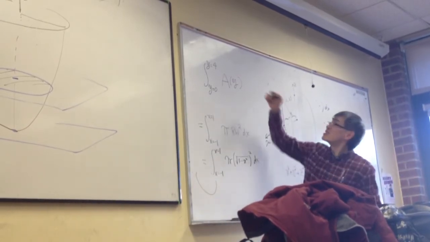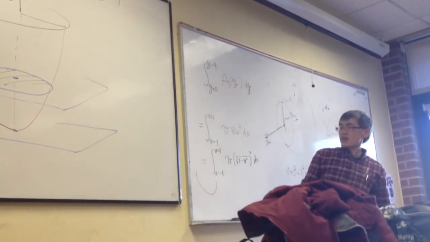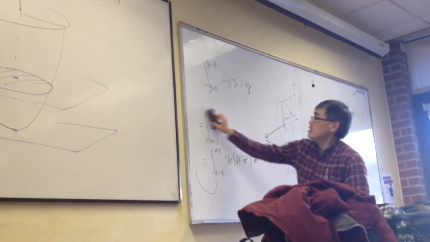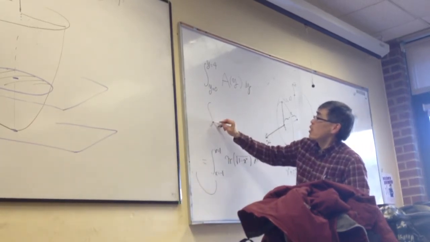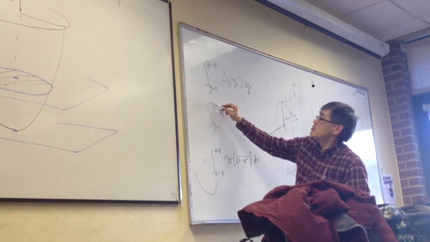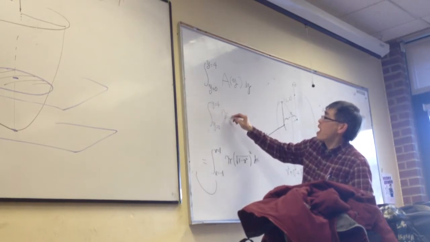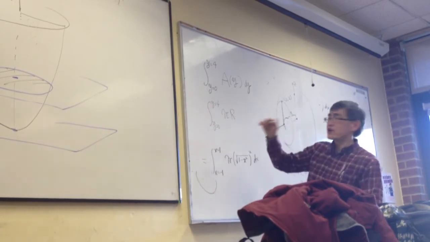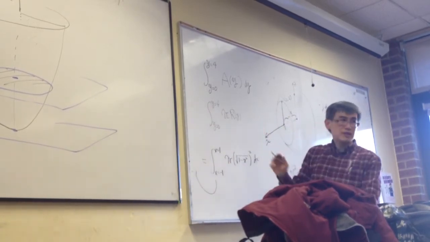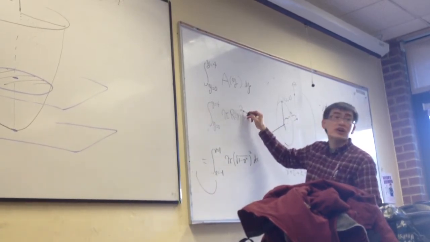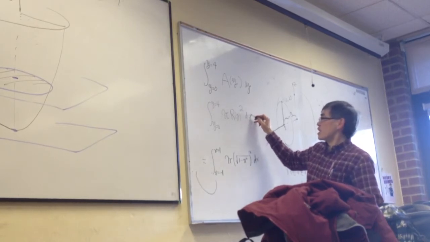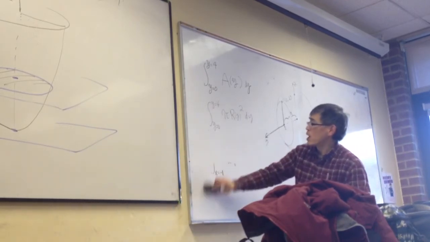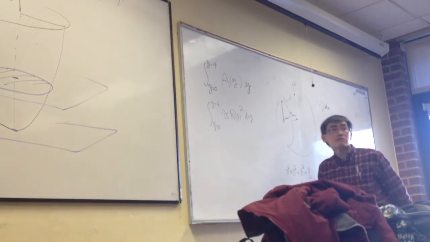What is the thickness? dy. And now I'm set. y from 0 to 4, and this is pi times the radius, which depends upon y, squared, times dy. Now the question is, what is that radius?